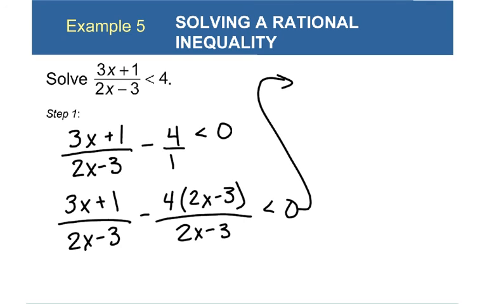And then combining these, we need to combine our numerators. So what we're going to get is 3x plus 1 minus all of this that you see in this numerator.